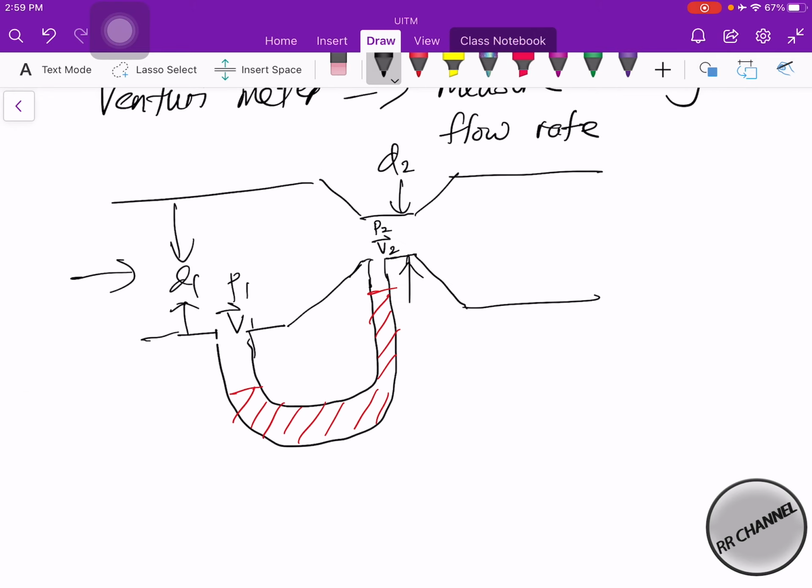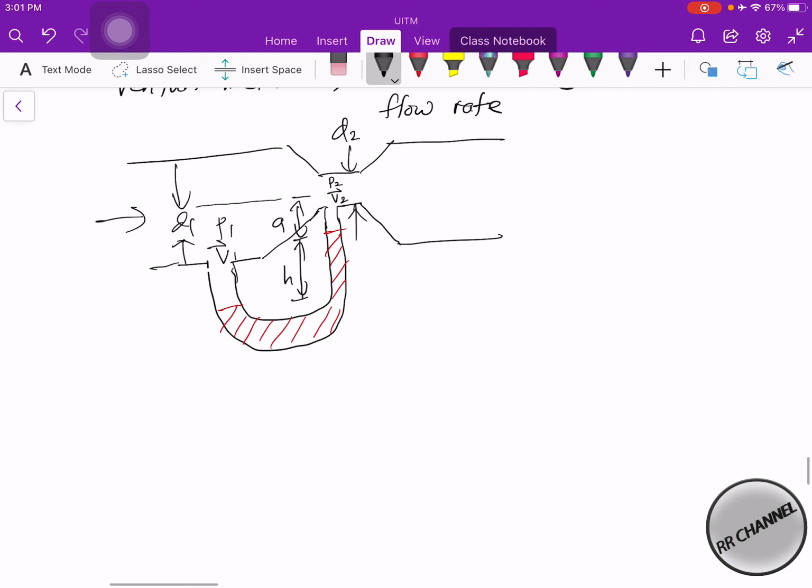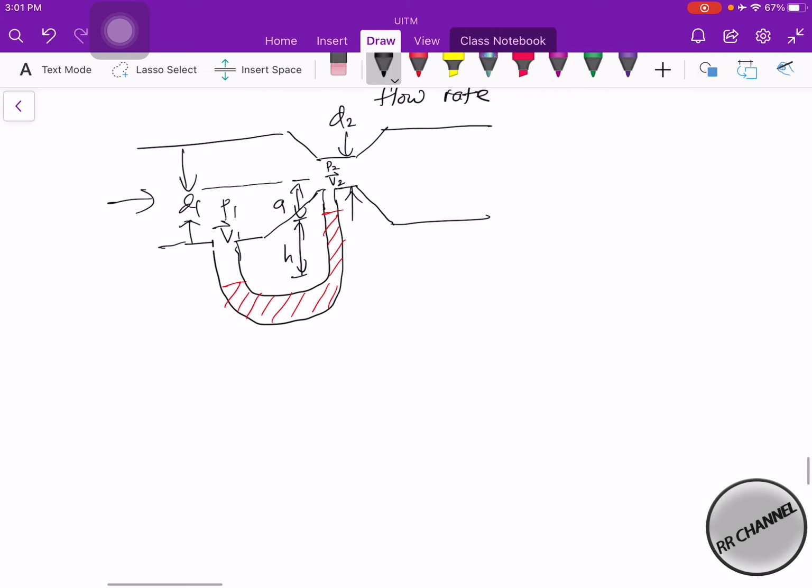We are going to apply the Bernoulli principle to this Venturi meter, but you need to put the head here as well. Also, this is the middle section, A. If we want to apply the Bernoulli equation from point 1 to point 2, there are other unknowns that we need to consider, so we need at least 2 or 3 equations.